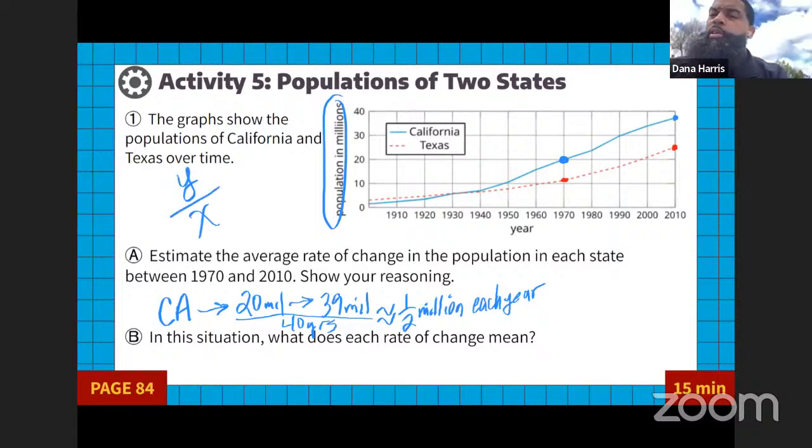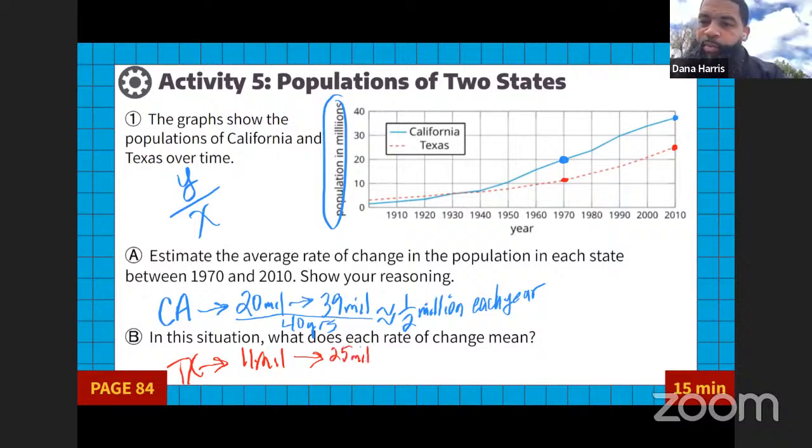Now, if we do the same thing for Texas, it starts out at roughly 11 million in 1970, and it's roughly, I'm going to say about 25 million in 2010.